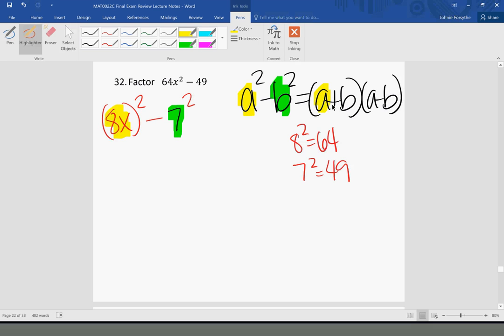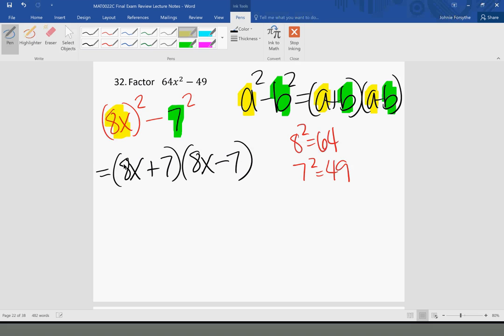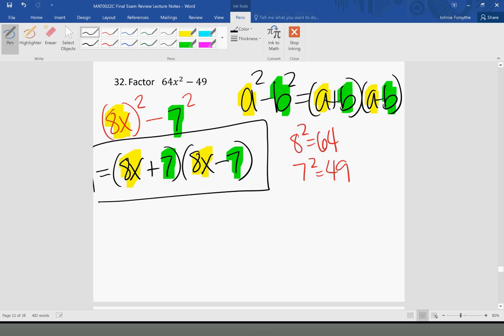And then all you have to do is plug them in using this factor pattern. I like using colors, that's why I'm doing that. So that's going to be A plus B times A minus B. And that's it. It's just that simple. You just plug it into this factor pattern here. And that is it.